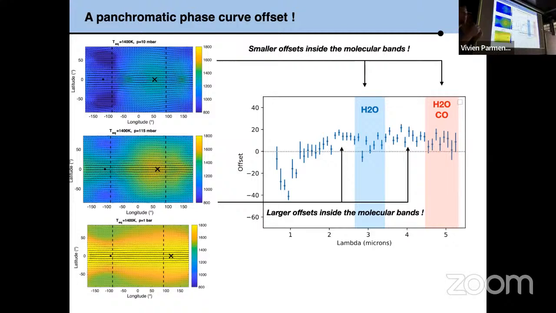That means I cool down faster and I can't transport energy as fast, meaning that my offset is going to be closer to 0, which is more symmetrical. Whereas if I go deeper into the atmospheric windows, I can see deeper in the atmosphere, where the energy has a harder time radiating away and is transported more efficiently. So I have a higher hotspot shift due to the circulation.